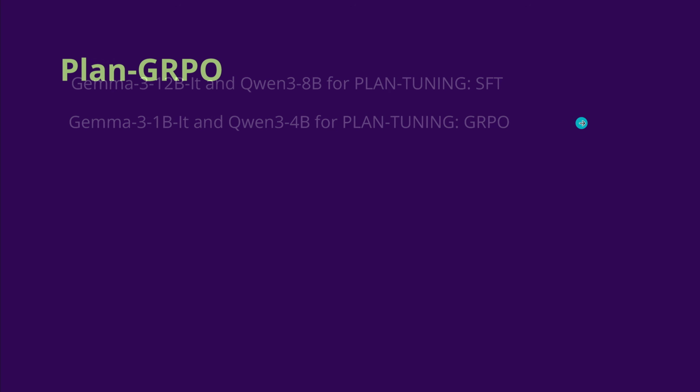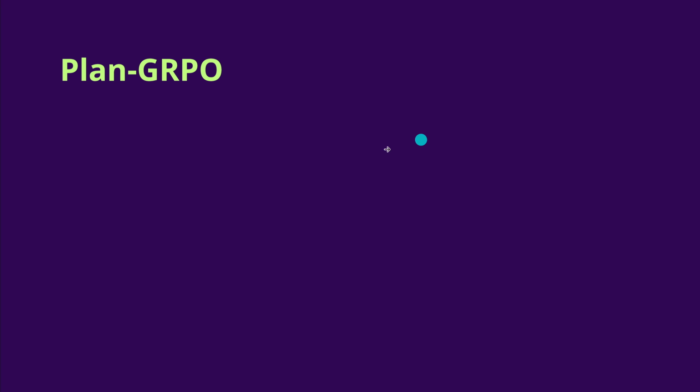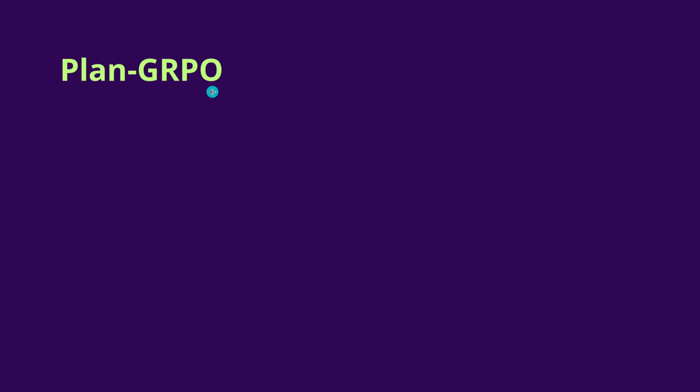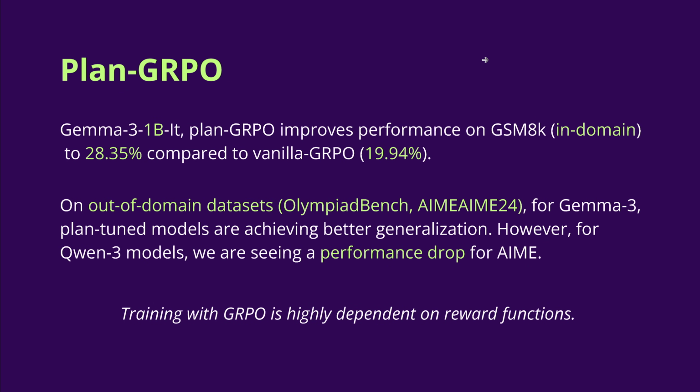Yeah, great. So, knowing this, here with GRPO we are now on Gemma 3 1B. Plan GRPO, what we do. The performance data: we go here for an in-domain benchmark. It goes from the classical vanilla GRPO, let's say 20%, to 28%.